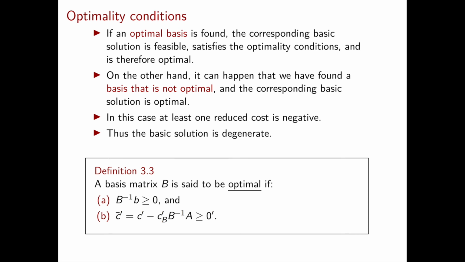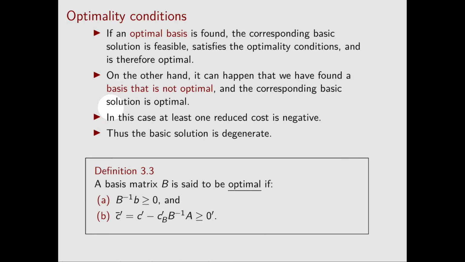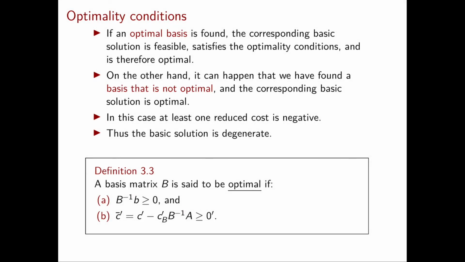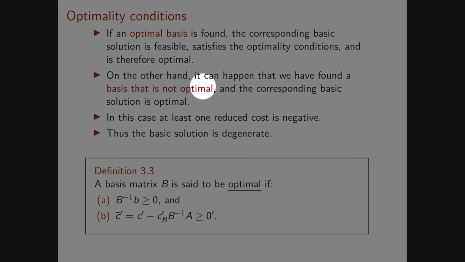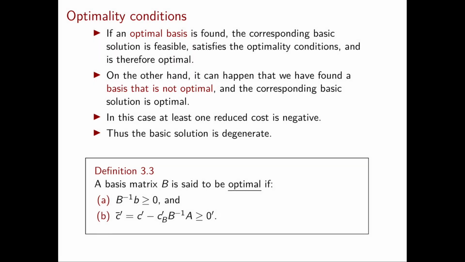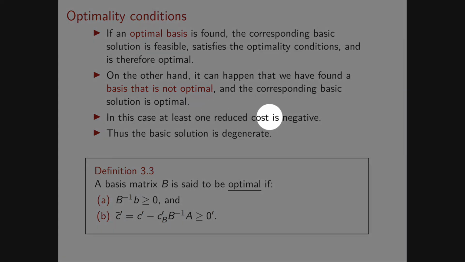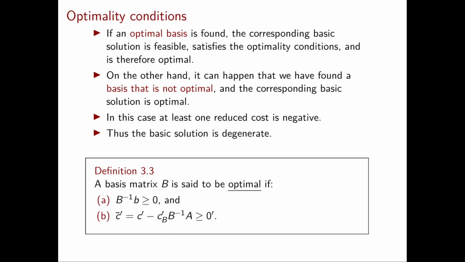But the reverse direction is not always true. In fact, it can happen that we have a basis that is not optimal, but the corresponding basic solution is optimal. The only way this can happen, from our theorem 3.1, is that at least one reduced cost is negative. Therefore, this can only happen when the basic solution is degenerate.